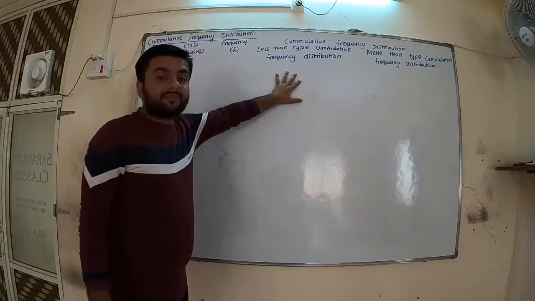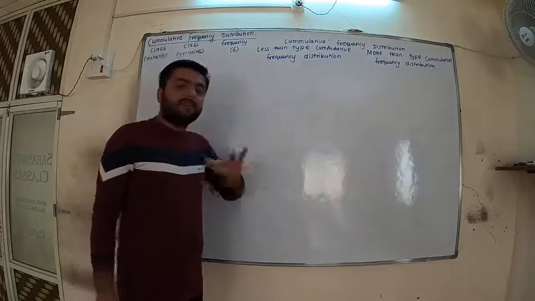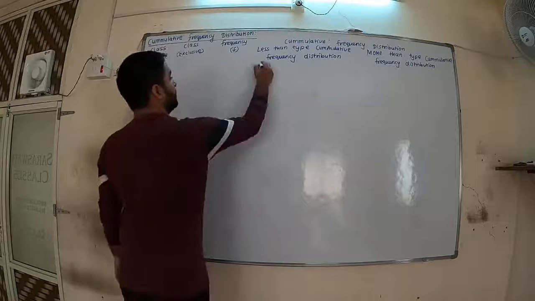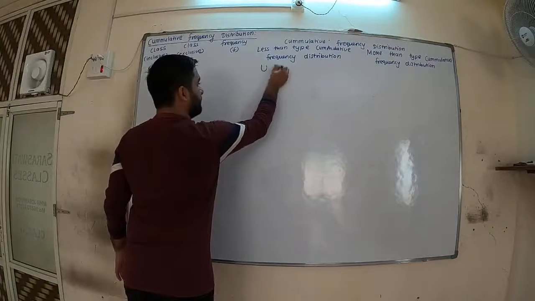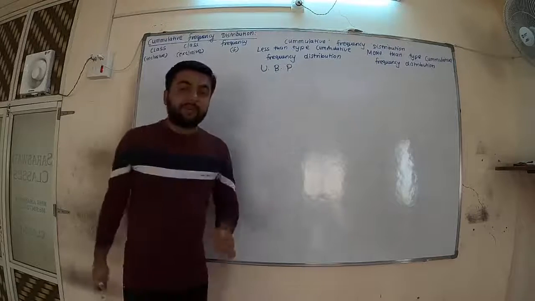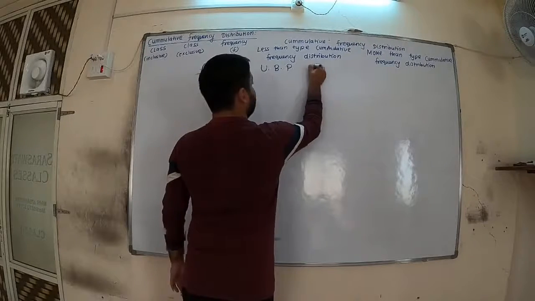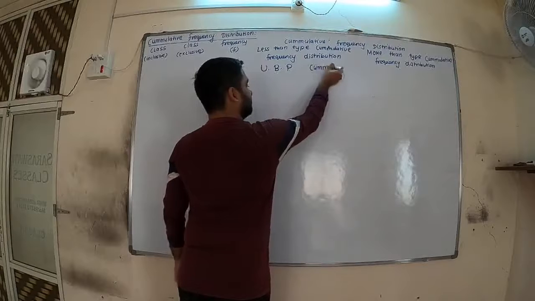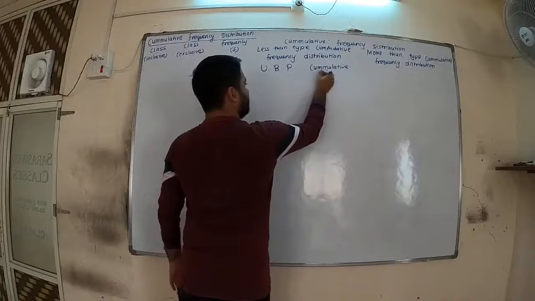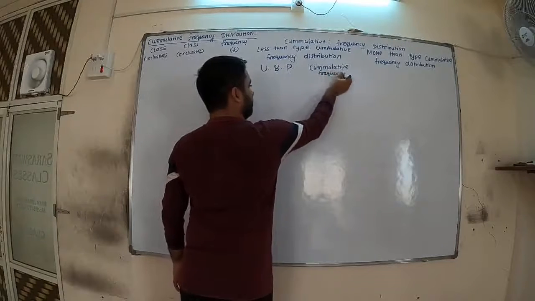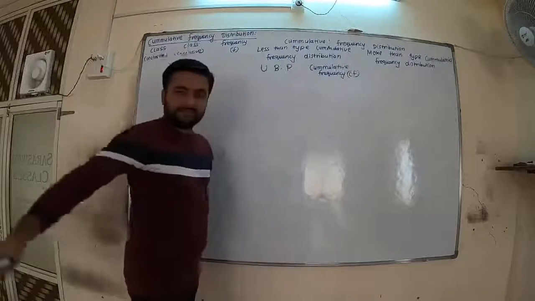Okay friends, now as I said, for less than type, opposite to it, less means more. It means the first boundary point will be lower, all the upper. So what will you write? UBP, upper boundary points, for less than type: first lower, all the upper. And cumulative frequency, that is CF.